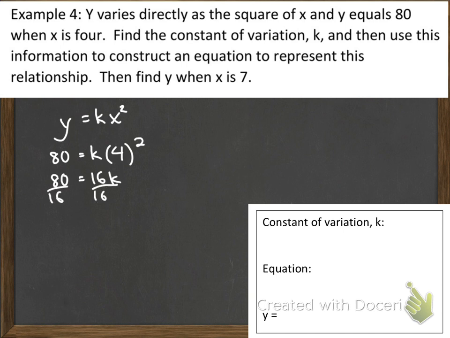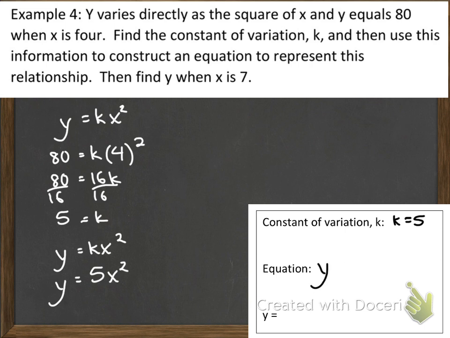Divide both sides by 16, and we get k is equal to 5. Now that we have found k, we need to write our equation. So instead of writing y is equal to kx squared, we can replace k with the value we just found, which is 5. So our equation is y equals 5x squared.